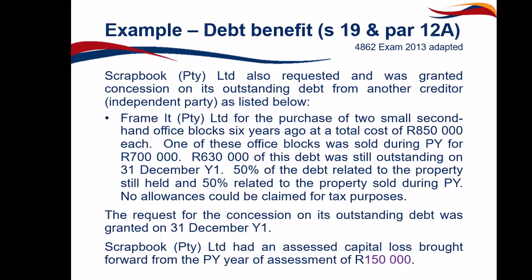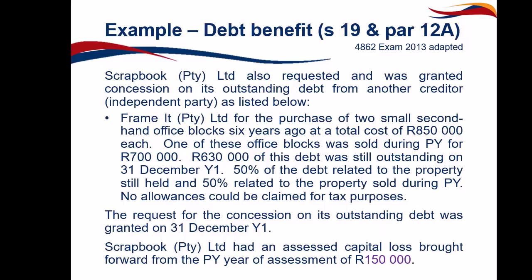Great. In this example, we're going to see something different. Remember, the first example dealt with trading stock: trading stock that was on hand, and trading stock that was no longer on hand. The second example dealt with an allowance asset, and that asset was on hand.